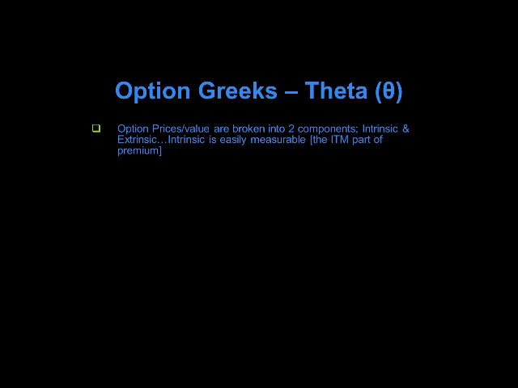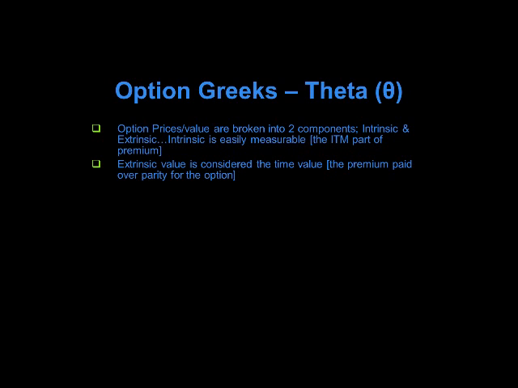Theta, let's review theta here for a minute. Option prices are broken into two components, intrinsic and extrinsic. This is very important for you when we get into the short part of the discussions here, managing your shorts. You need to be able to calculate intrinsic and extrinsic value of an option. Extrinsic is all the price of the option that's not in the money.